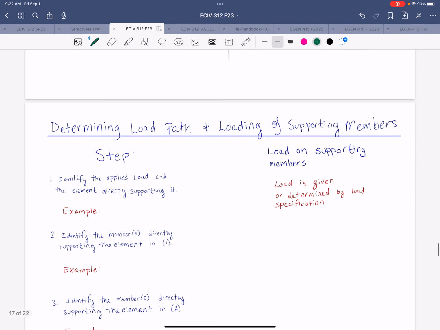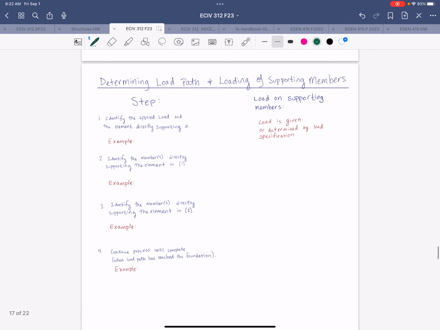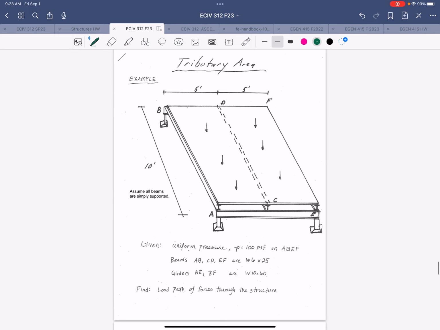All right, so now we will look at an example. I'm going to skip this page for a second and then we'll come back to it, because I want to show you the example. Here we have a floor plate that is directly supported by 3 beams spanning in this direction, okay? We can see that by the way it's drawn.